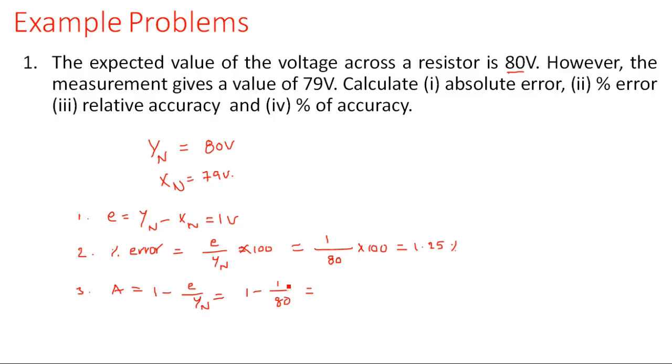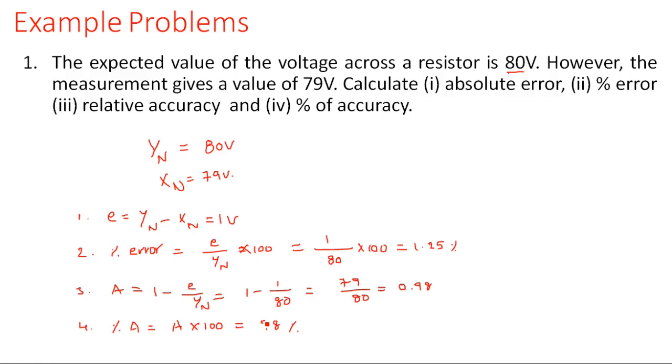If you take the LCM, that is 80 minus 1, 79 by 80, which is equal to 0.987. And the last question was percentage accuracy. Percentage accuracy is just the value we got in the previous step into 100, that is equal to 98%. 98% is the accuracy. Hope you understand.